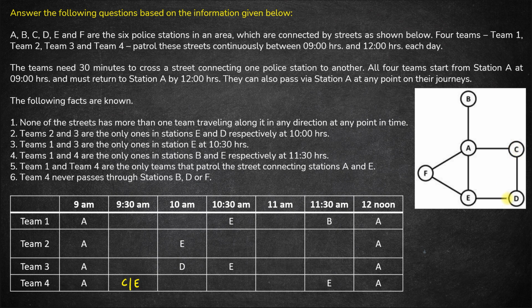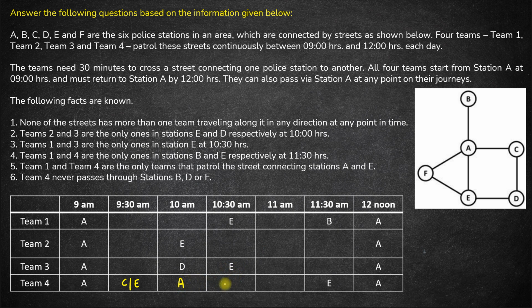Well, it cannot go to D, so the only position will be A. Even if the team goes to E at 9:30, after E, where will it go? It cannot go to F, it cannot go to D. So it will have to come back to A. So it will anyway come back to A.